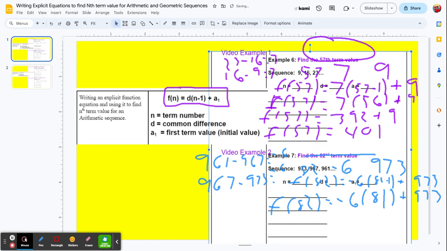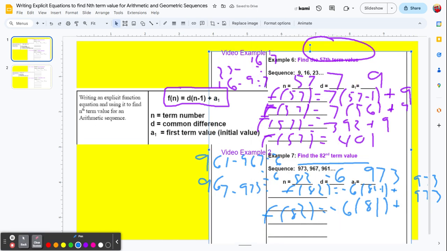So now we get f of 82 equals, calculator says it's negative 486. I guess I could have done that in my head. Plus 973. And then we add those. f of 82 equals 487. So the 82nd term in this sequence has the value 487.